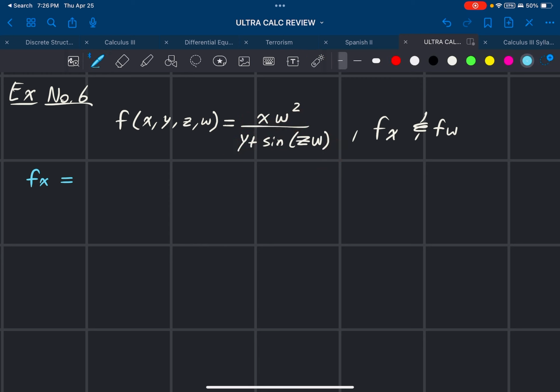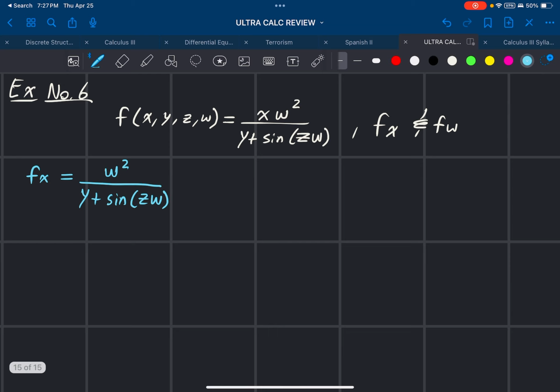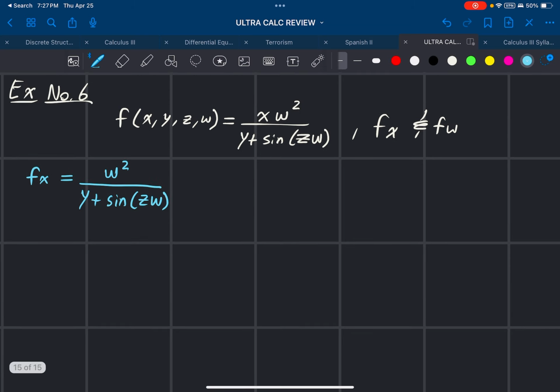So you actually don't need to do anything fancy here, thankfully. Okay. So what's the derivative of x? It's just 1, right? So we just get w2 over y plus sine of zw. So that's our partial derivative of f with respect to x. So that was pretty easy.